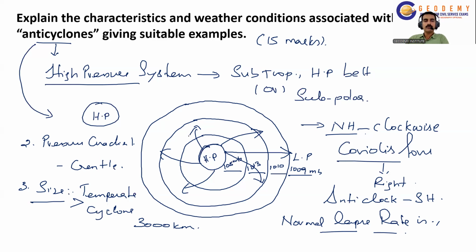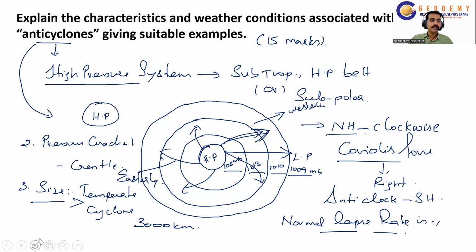If it is moving over the temperate region, then the front side will have a westerly direction. Here we can see in the diagram, it is west to east, so it is westerly in character, and in the rear side it will be easterly. So these are the major characteristics of the anticyclonic system.